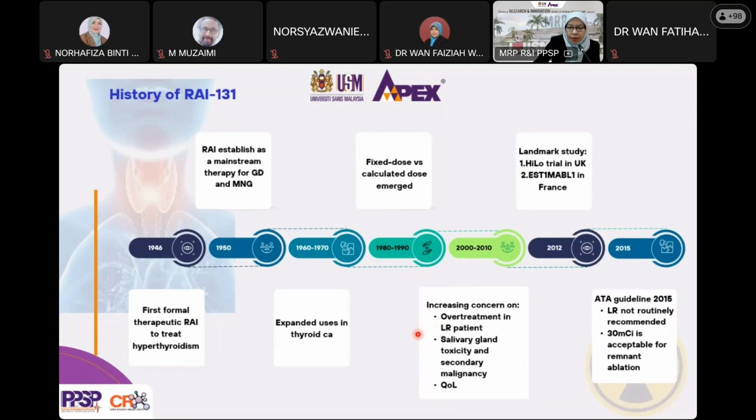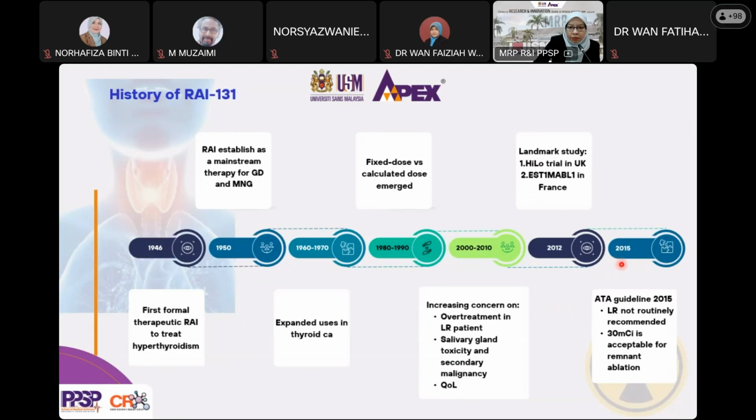There are 2 landmark studies, HiLo and Estimabl 1, which demonstrated that low dose RI is able to achieve ablation success rates comparable to high dose RI in low risk patients, with reduced treatment-related side effects and improved quality of life.